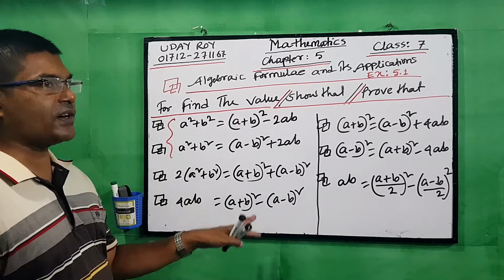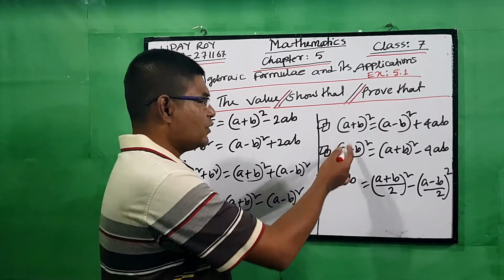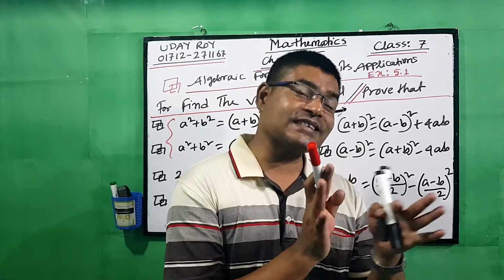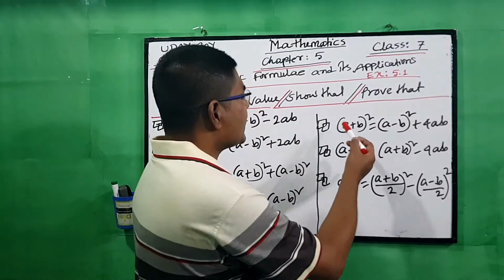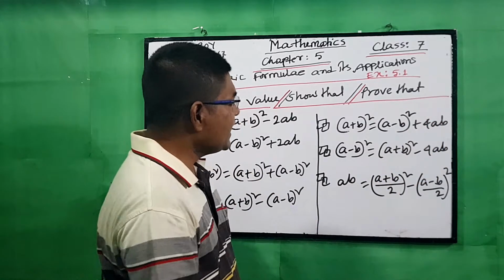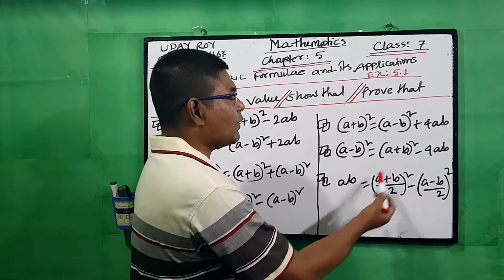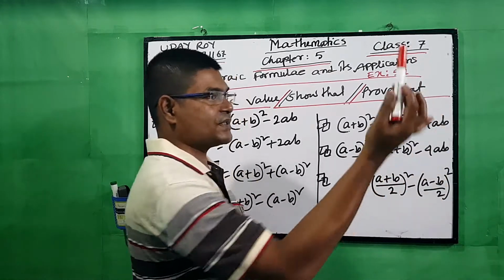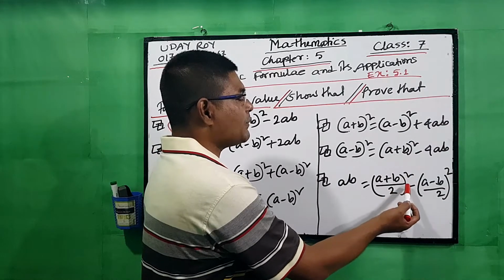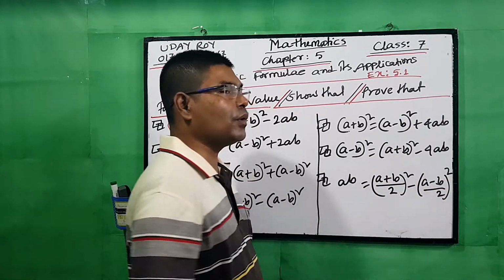This is so important. Sometimes you have to change side. So a plus b whole square equals a minus b whole square plus 4ab, and a minus b whole square equals a plus b whole square minus 4ab. And ab equals a plus b by 2 whole square minus a minus b by 2 whole square.